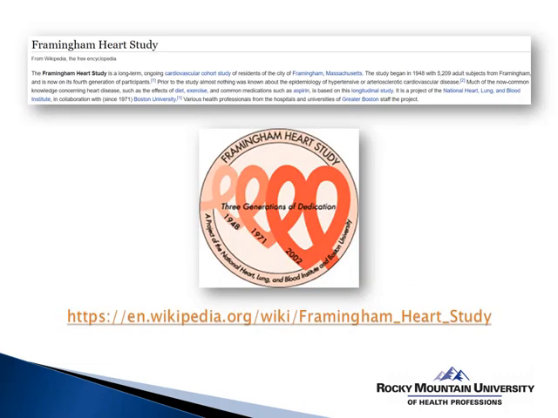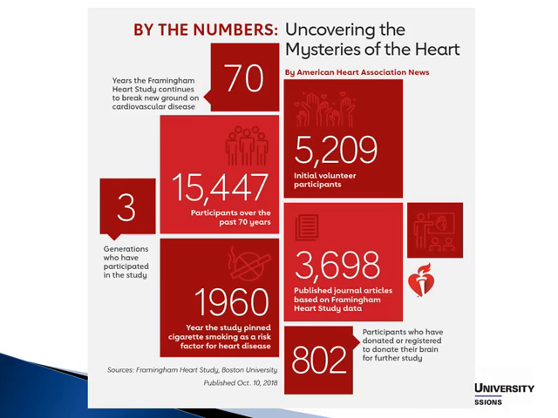What's the Framingham study again? For those who may not be aware of it, it's that long-term ongoing study looking at residents in Framingham, Massachusetts, started in 1948 and is continually following people over time to look at risk factors associated with heart disease.